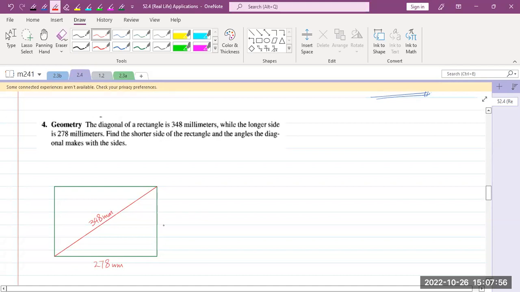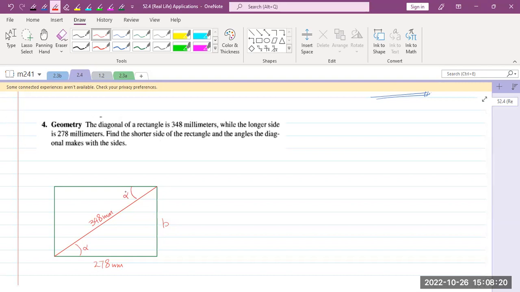So this is the shorter side. Let's call that B, right? And the angles the diagonal makes with the sides. There are actually 2 angles. This angle A here is congruent to this angle here. Notice that if you see from that angle of elevation and angle of depression, the angle of depression here is the same as the angle of elevation underneath.